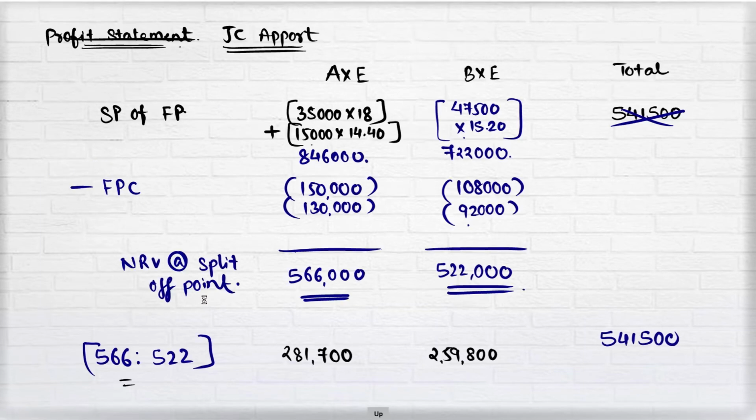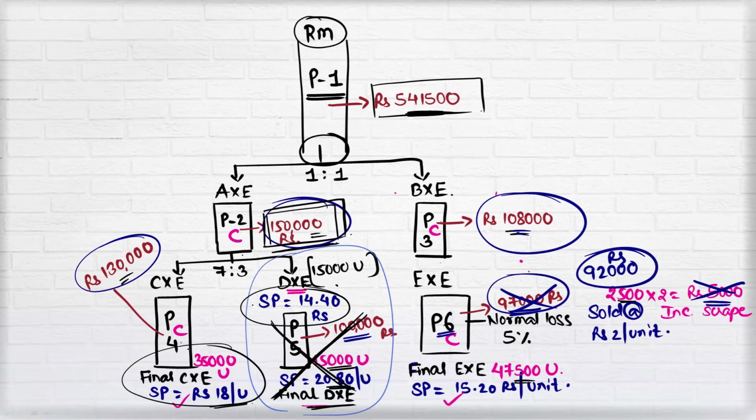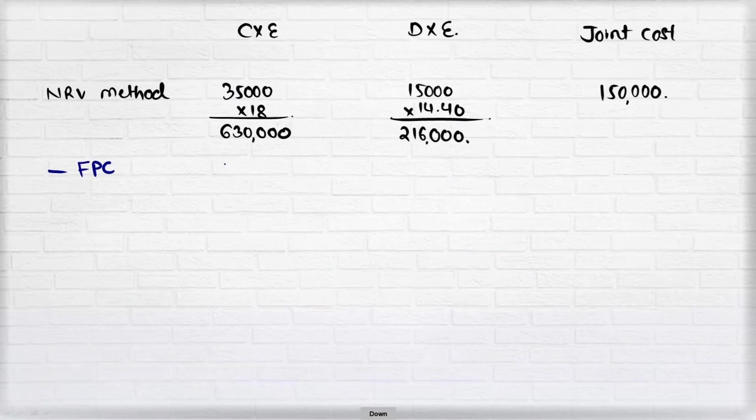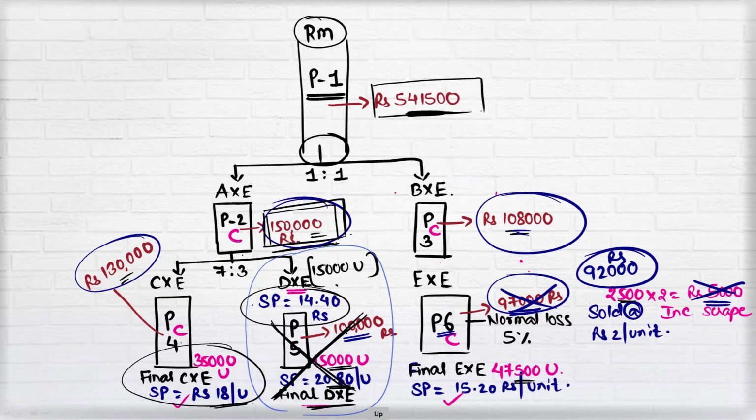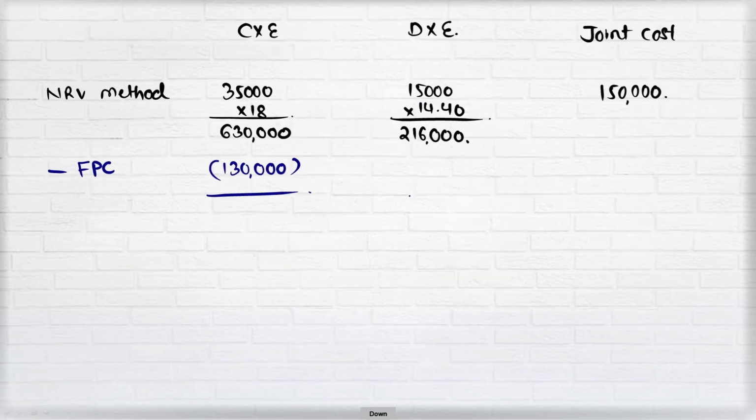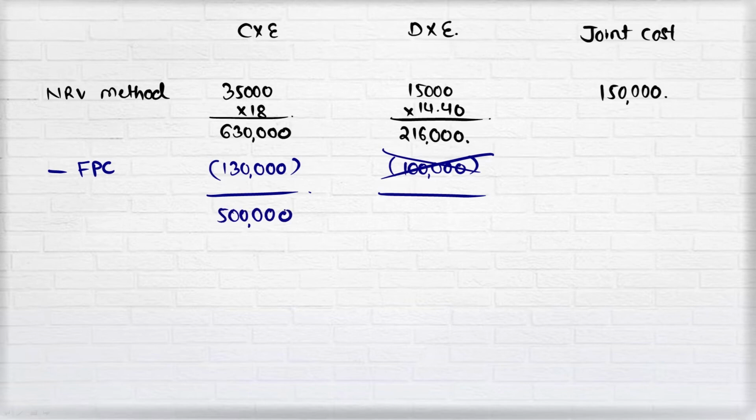What is the further processing cost in CXC? 1,30,000. What is the further processing cost in DXC? 1 lakh. Should I take this 1 lakh or not? Yes or no? No. Why? I am not further manufacturing it. This will be 5 lakhs. This will be 2 lakh 16,000.